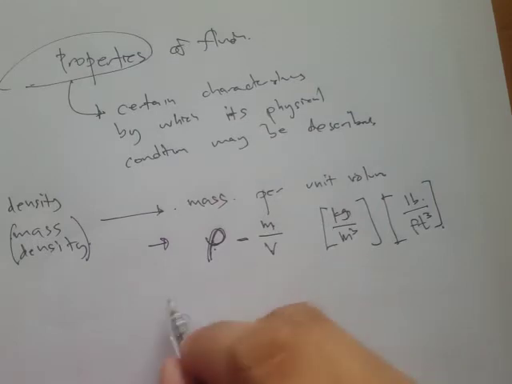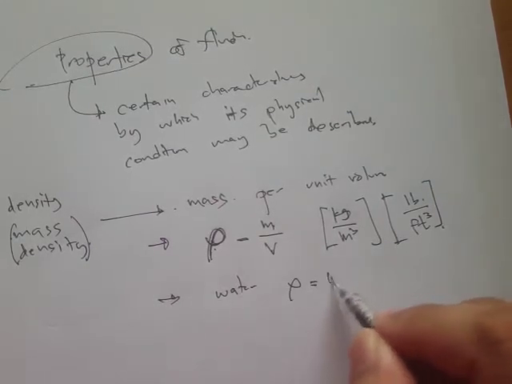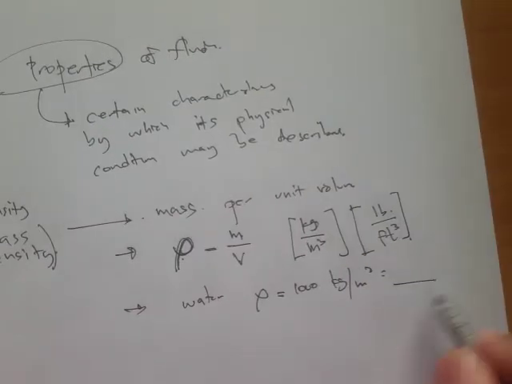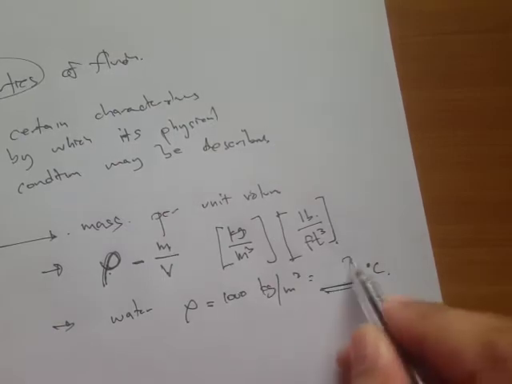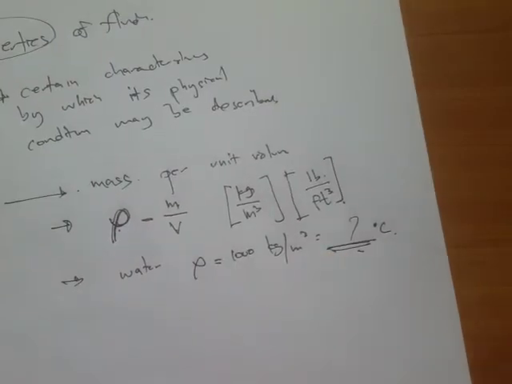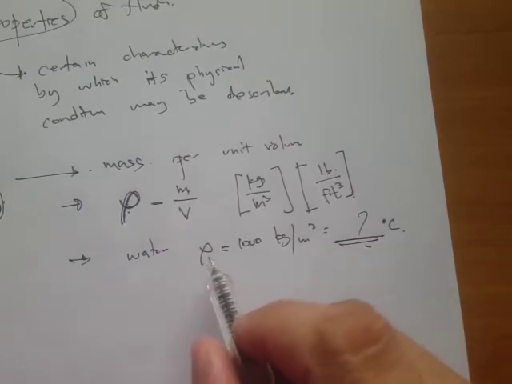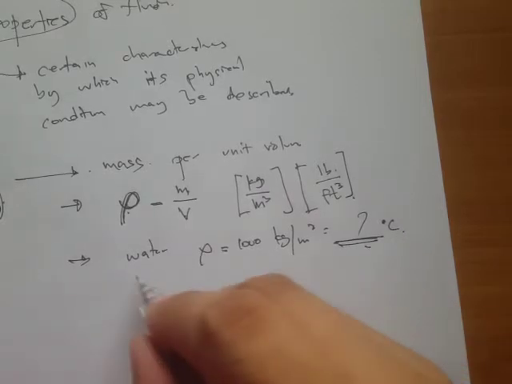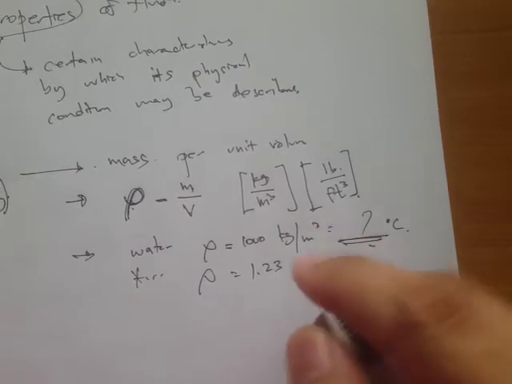Typical values: water has a density of 1000 kilogram per meter cube, and of course, please take note at what temperature. There must be a reference temperature, because later on we'll see that the density changes with temperature. Now for air, we have 1.2, that's 1.23.